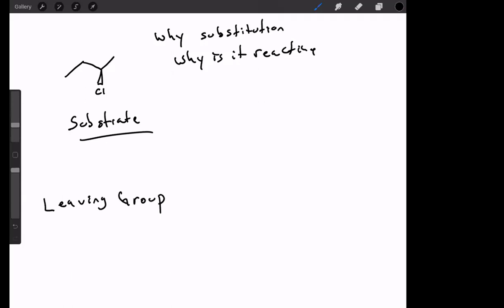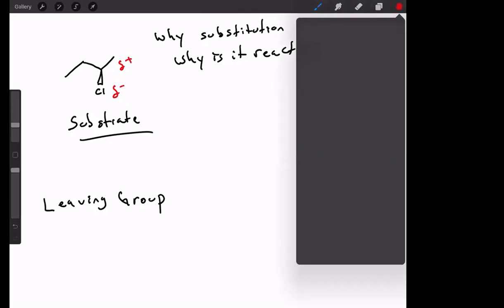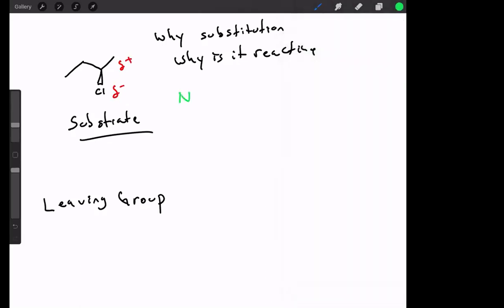But what I want to do is go back and talk about what's going on with this substrate and why it is going to be reactive. Why does it do substitution? Well, remember that the chlorine has a partially negative charge, and that will leave the carbon partially positive. And remember a nucleophile is going to react with it.